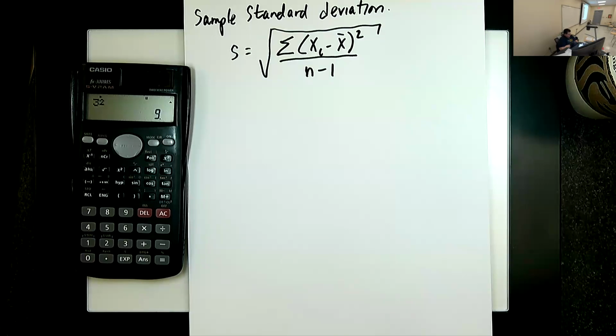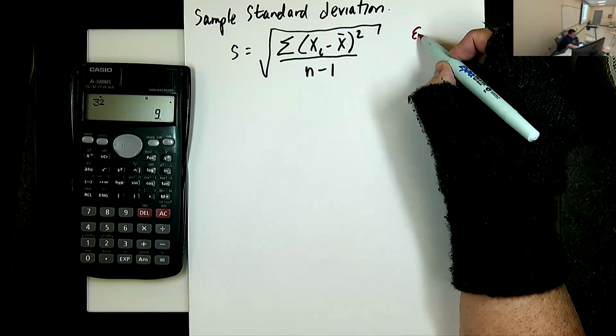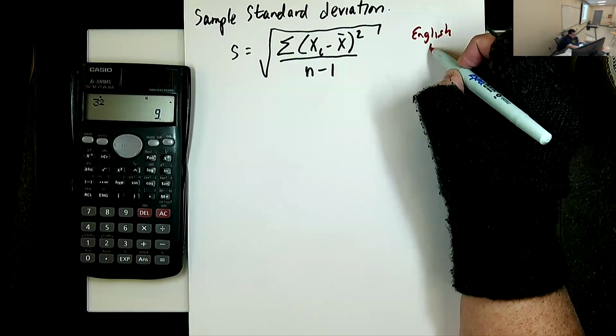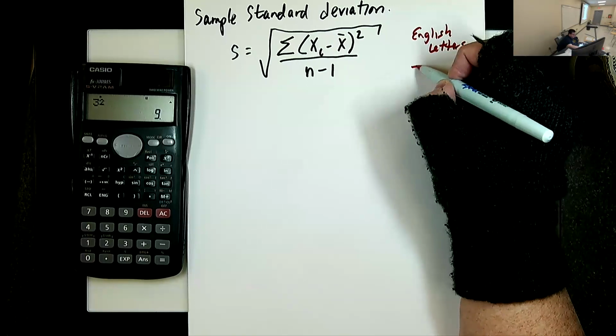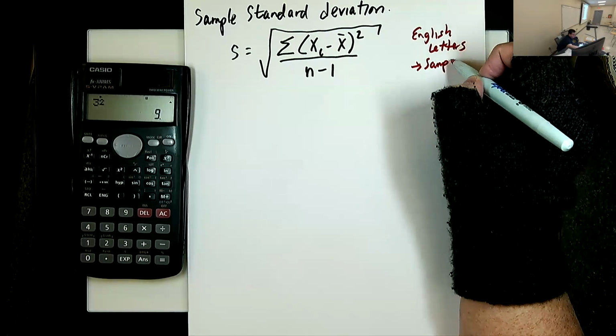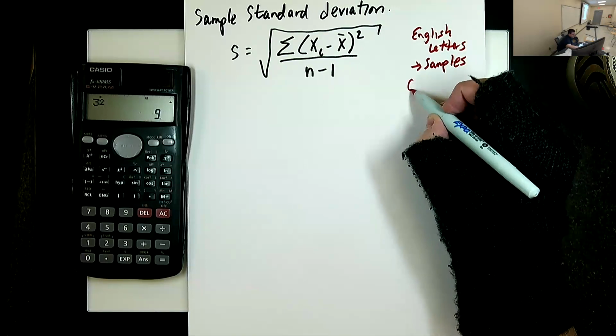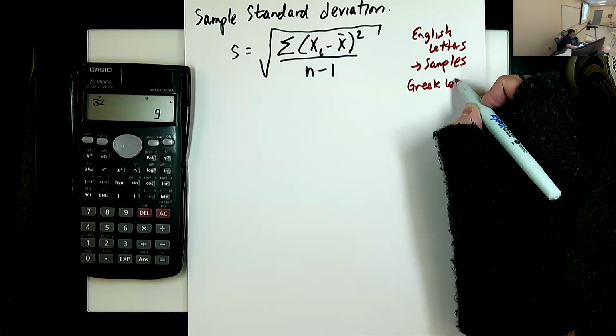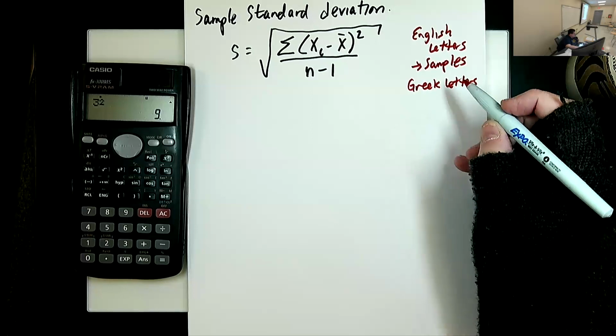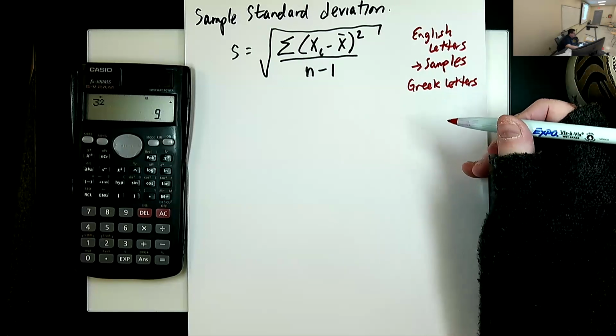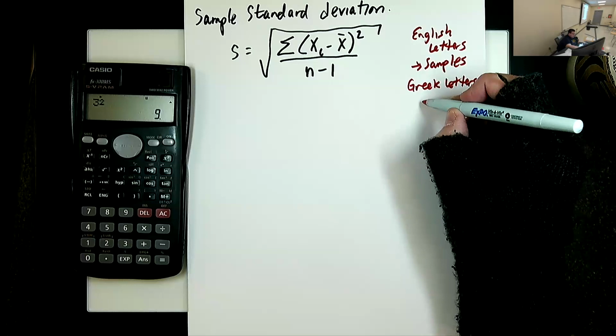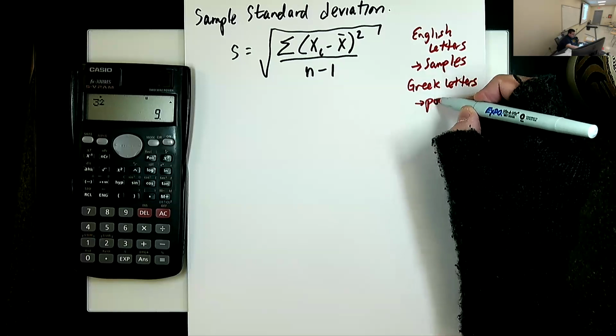You will find as you're going through this class, the English letters are for samples, sample groups, and the Greek letters, and if it doesn't look like an English letter, it's a Greek letter, we don't have another language in there, those are for populations.